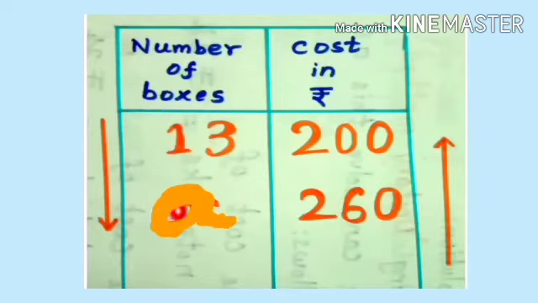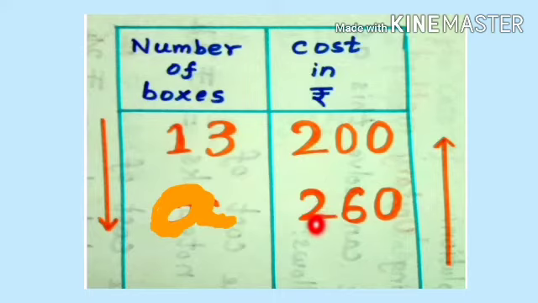Now students, form a tabular column and write down the quantities which are to be compared. Here number of boxes and cost in rupees are two quantities which are to be compared. In the first case the number of boxes is 13 and the cost of one box of tomato is rupees 200, and then the cost of boxes increased from 200 to 260.